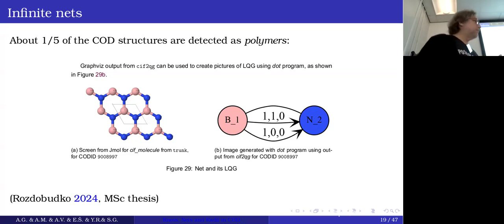And until recently, we didn't have good software to do this. So Yaroslav Rozdobudko did his master thesis, and he developed software that allows us to construct quotient graphs from these infinite nets. Now, I didn't put in a definition of the quotient graph. I probably should have, but I will try to spell it out.